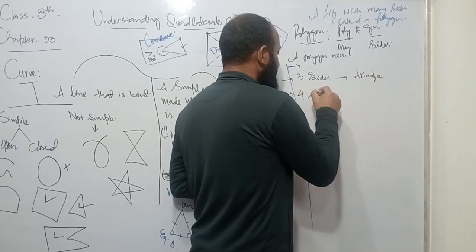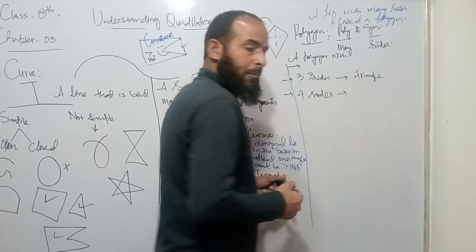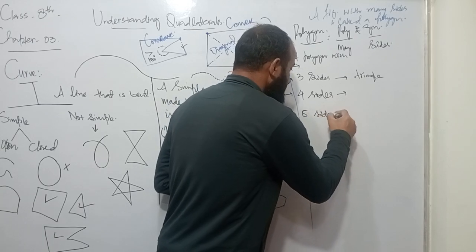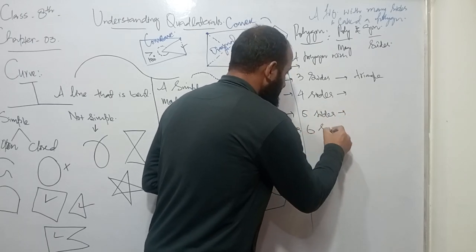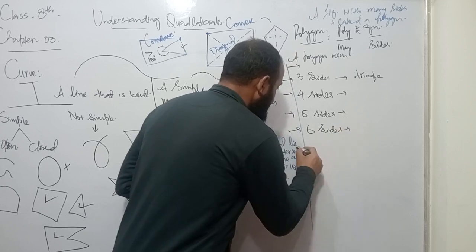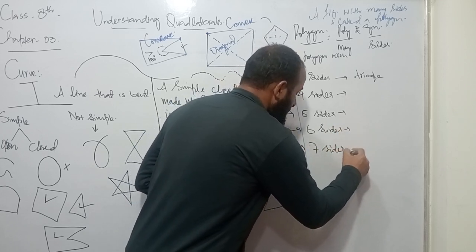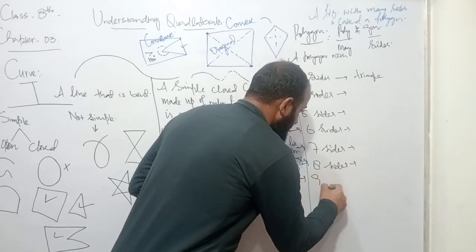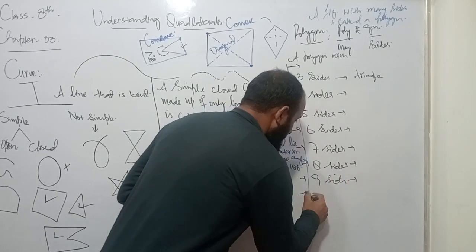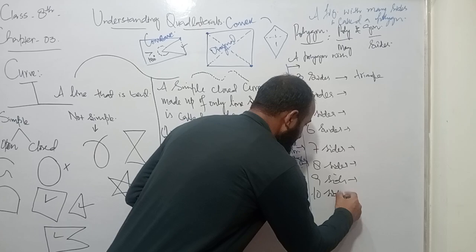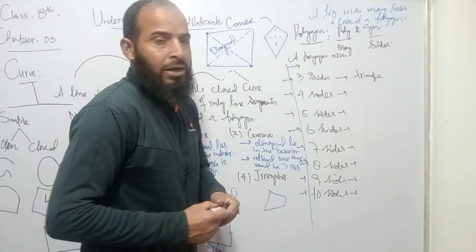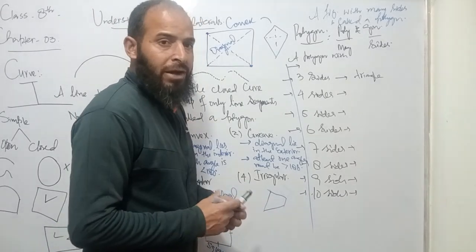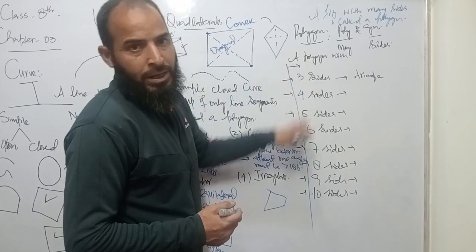A polygon with four sides, a polygon with five sides, a polygon with six sides, seven sides, eight sides, nine sides, and ten sides. So these are the polygons classified on the basis of the number of sides.